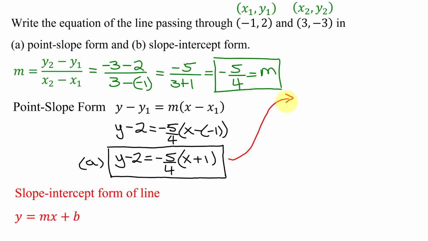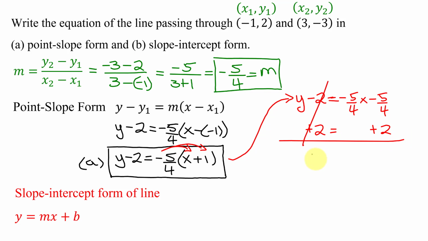So moving up here, I'm going to get y minus 2 equals, I need to distribute in the -5/4. -5/4 times x is -5/4 x. And then -5/4 times 1 is just -5/4. To get y by itself, I'm just going to add 2 to both sides.